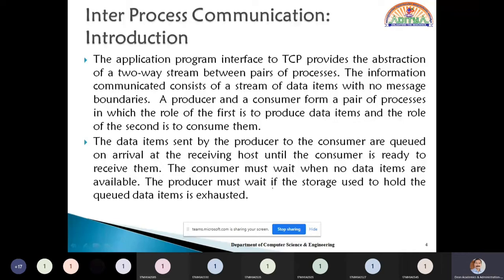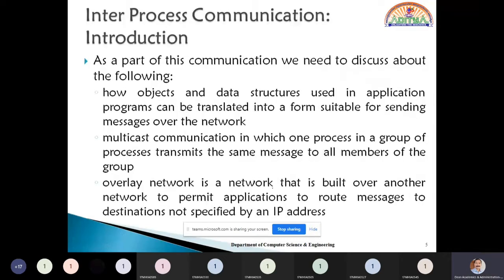So this is what happens in message passing, or data communication, between two processes using TCP. As a part of this communication, there are several things that we are going to discuss in the next few slides.